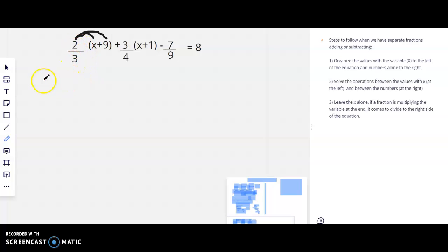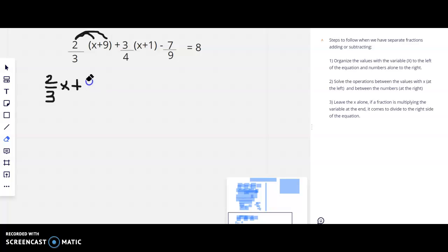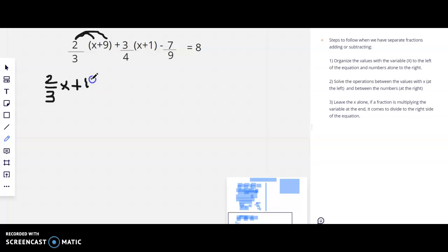So we have 2 over 3 x plus 2 times 9, that makes 18, over 3. It is like we had a 1 in the denominator, so we have 3 here.